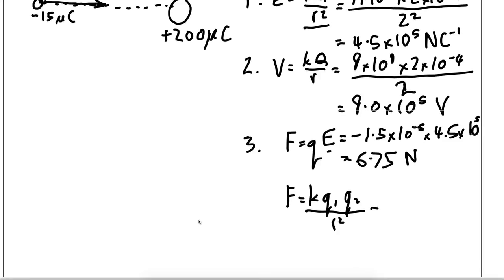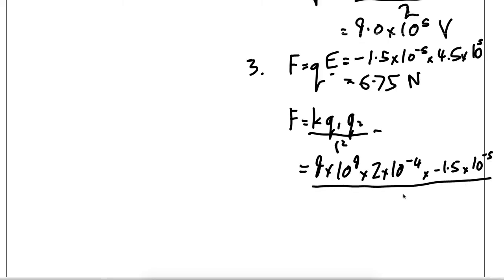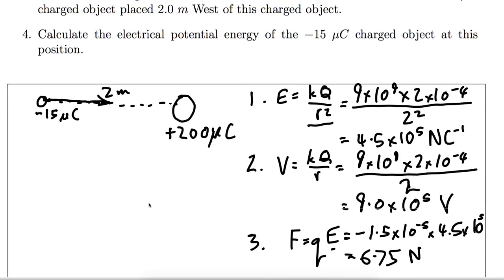Let's give ourselves enough room because that's going to get a little long. Equals 9 by 10 to the 9 times charge number 1 is 2 by 10 to the minus 4. Charge number 2 is minus 1.5 by 10 to the minus 5 over 2 squared is going to end up giving us a force of, unsurprisingly, 6.75 Newton, the same as by the other method, which you would hope would be the case. Okay, and then we should go back and find out what question 4 is.